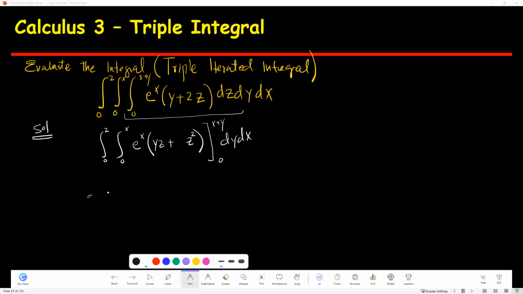Let's substitute the limit. e^x. Then when you substitute the x plus y, I'm going to simplify this, x plus y squared is z. And when you simplify, it is going to look like this, plus 2x y squared. Then dy dx.